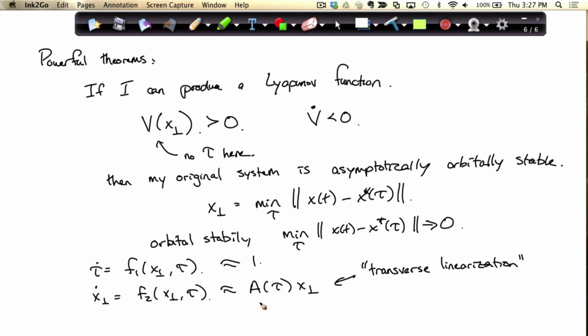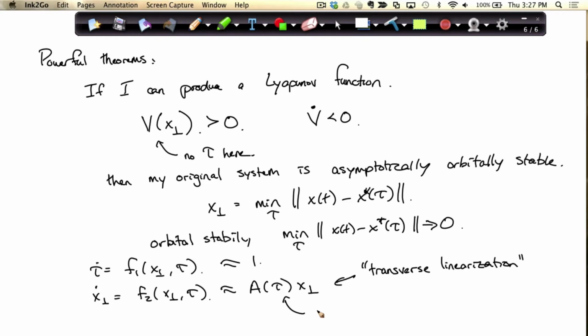And maybe the most important or surprising result here is that this now looks like, well, what does that look like? What have we seen before that took that form? The time varying, when we did time varying LQR, right?